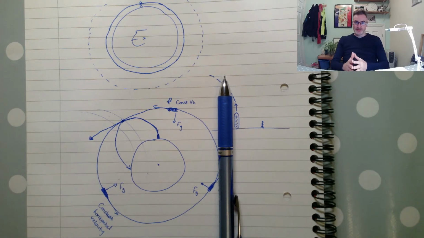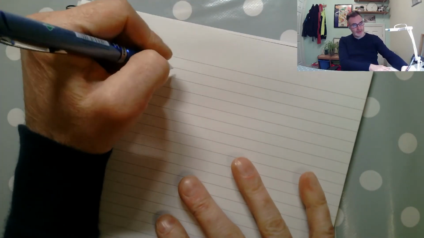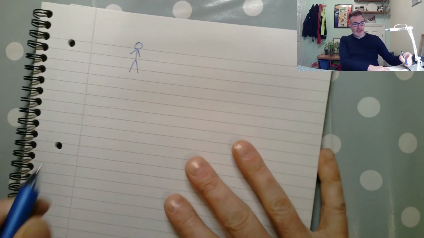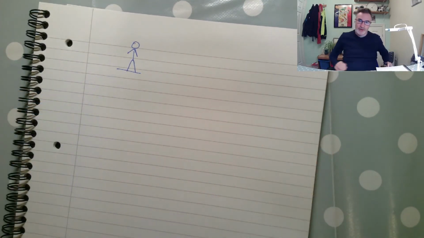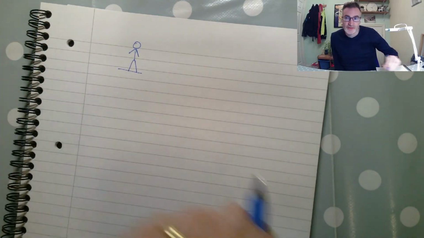You feel that pressure because gravity is trying to accelerate you downwards, but the floor, or whatever you're standing on, is stopping you from accelerating downwards. So there you are, standing on the ground, and your weight is pushing down on the ground.